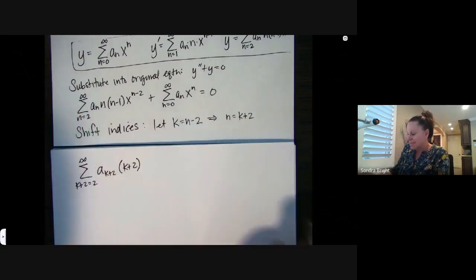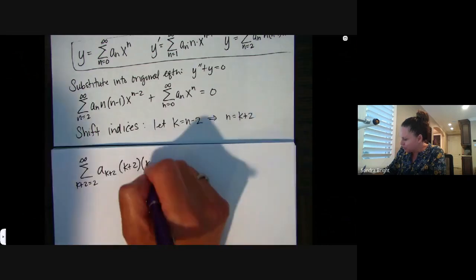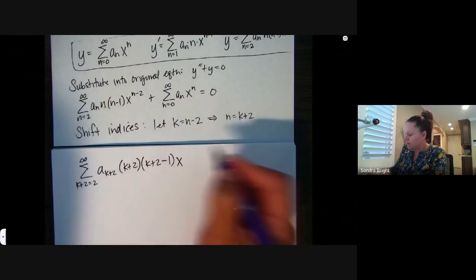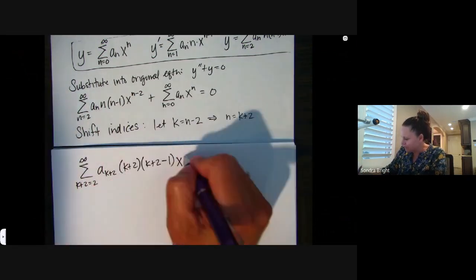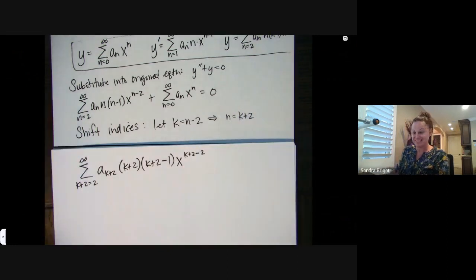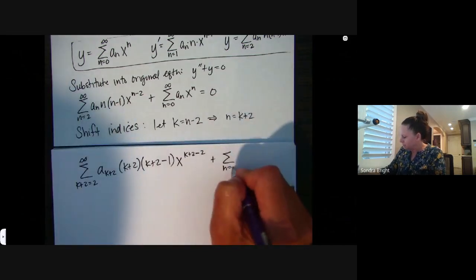Instead of n minus 1, replacing the n with k plus 2, so you'll have a k plus 2 minus 1, and then an x to the n minus 2 would be x to the k plus 2 minus 2. And the other guy we're just going to keep the same. We don't need to change him.